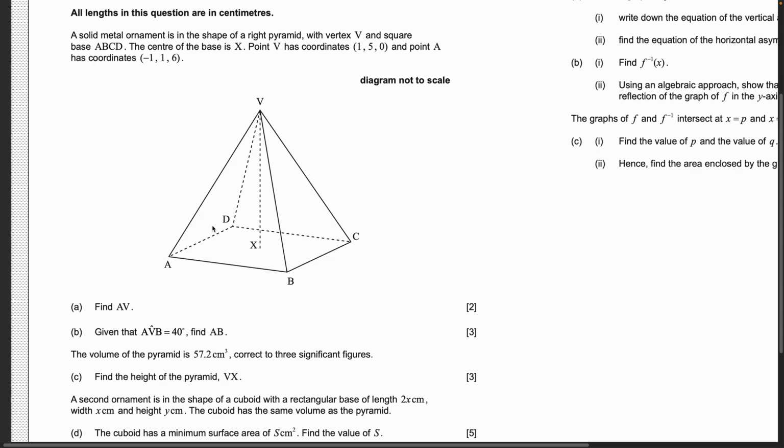Now, the next part, given that the angle is 40, so AVB, so this angle right there is 40, then find AB. So how do we do that? Well, we actually can just use trig, can't we?